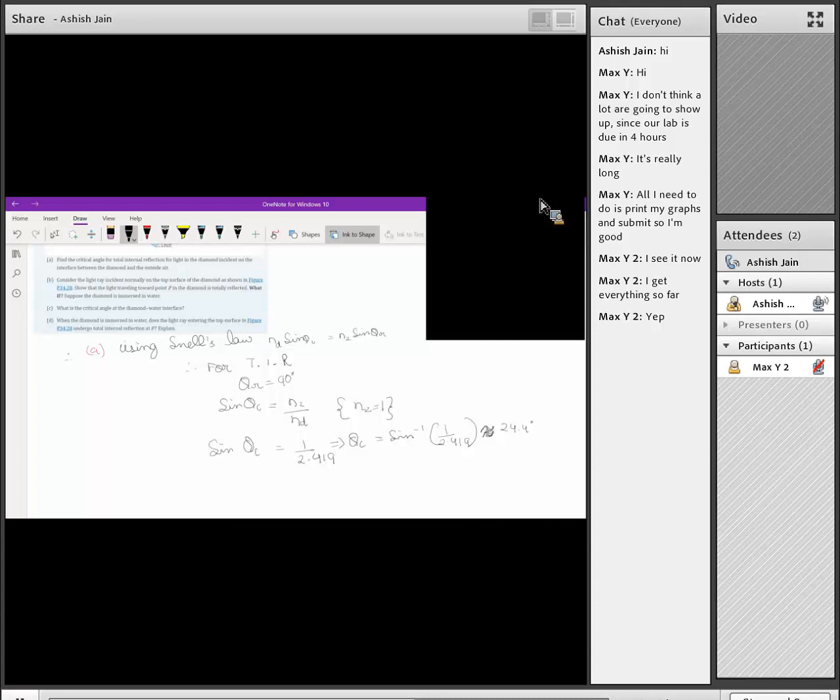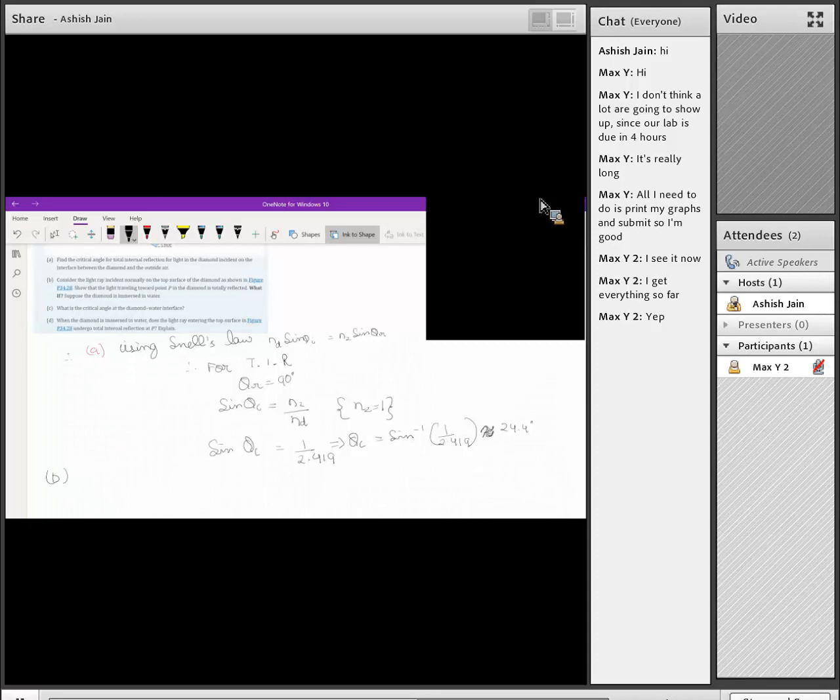Okay, so let's move on to part B of the question. Consider the light ray incident normally on the top surface of the diamond as shown. Show that the light traveling toward point P in the diamond is totally reflected. What if the diamond is immersed in water?